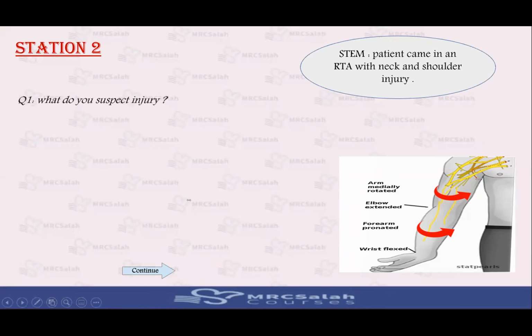Okay, so the first question is, wait, sorry. In the previous station, we discussed the question: what is the other movement when you do shoulder abduction? What is the additional movement that will be done when you do shoulder abduction? No, there is another station for the shoulder as well. It's added to that area. Yes, rotation.